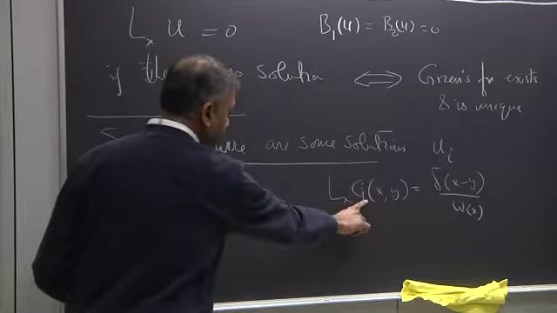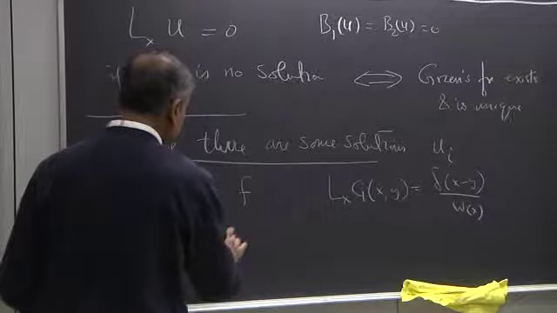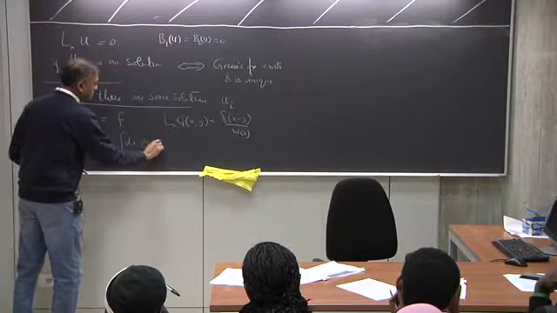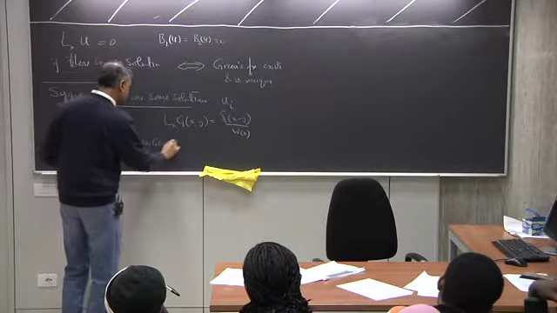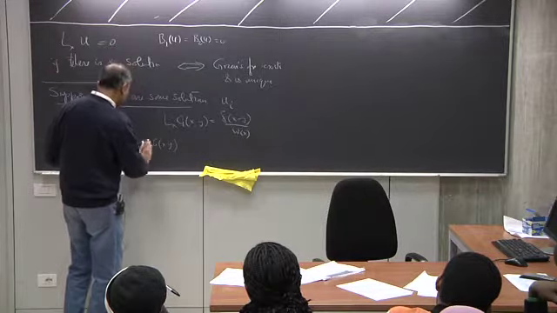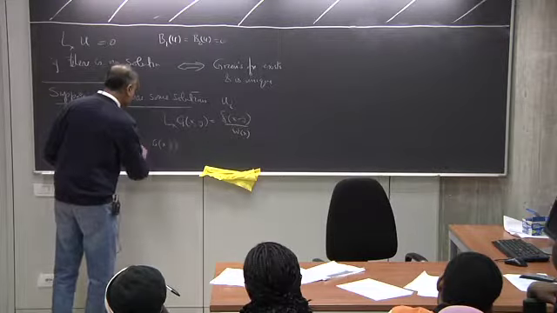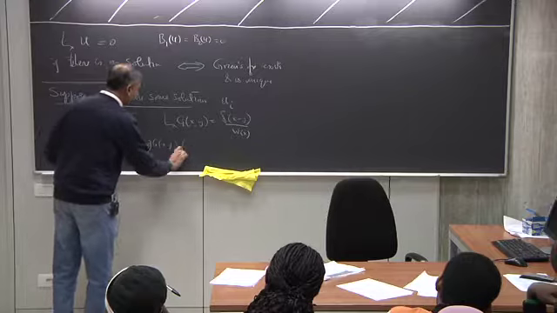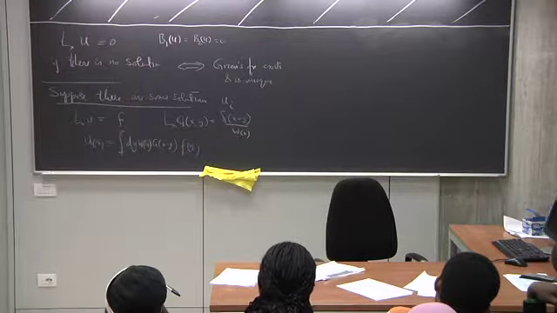Once I find what is Green's function, then a solution to this equation is simply the integral dx w(x) g(x,y) times the integral dy w(y) f(y), right? This solves the equation. So that is the purpose of the Green's function.